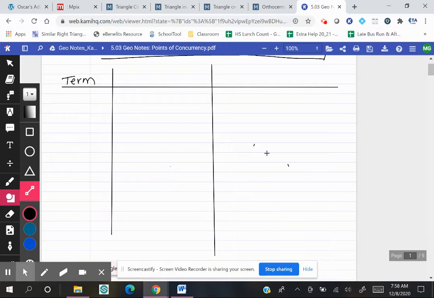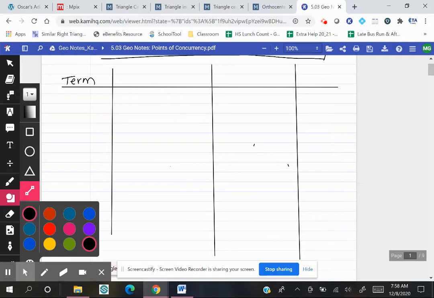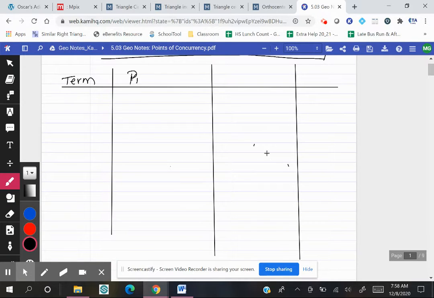And then we're going to write the point of concurrency and where it occurs. So the term, and then picture.